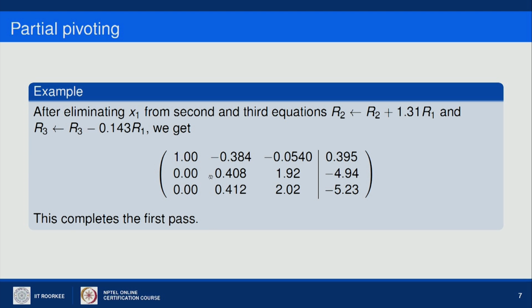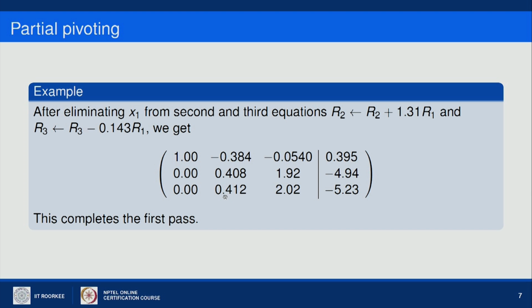Now, what I will do? I will do the same for the second and third equations, but leaving out the first column because these are 0 already. So, for this I will go to the second column. In the second column I will choose the element having the maximum absolute value out of these two, that is 0.408 and 0.412.